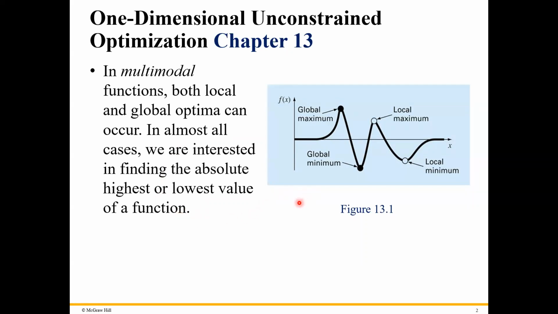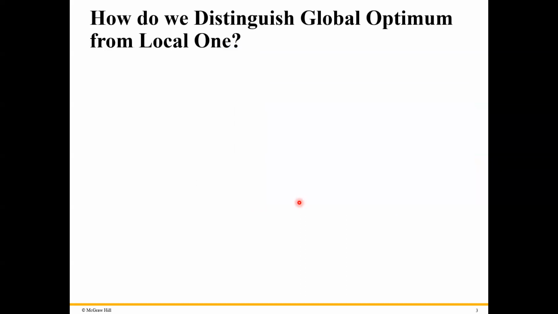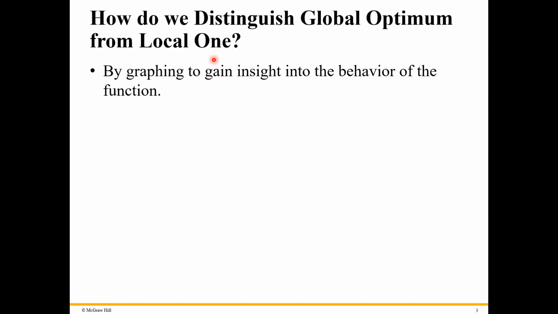Then how can we find the absolute lowest and highest value of the function? In this case, we will consider three methods. The first method will be called the golden section search method. But let's see how we distinguish the global optimum from the local one. Sometimes it is not that easy to distinguish the global optimum from the local one, but certain techniques can help us.